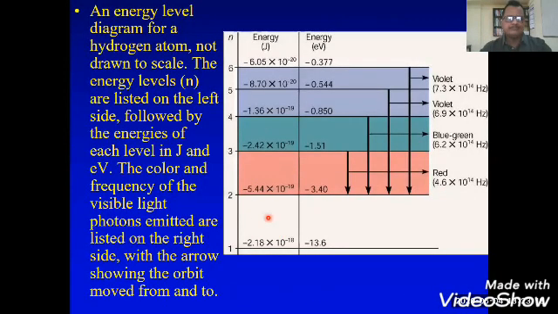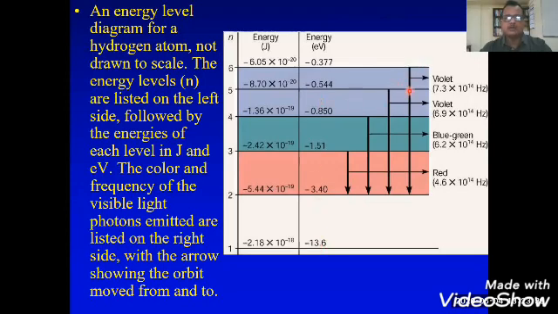So this is the diagram for the hydrogen atom. This is the first orbit and its energy is minus 13.6 electron volt. Second orbit, minus 3.4 electron volt, and so on. As we move to a higher orbit, the energy of the electron increases.